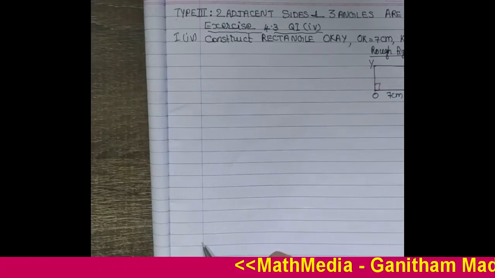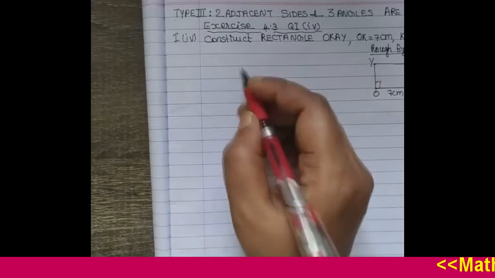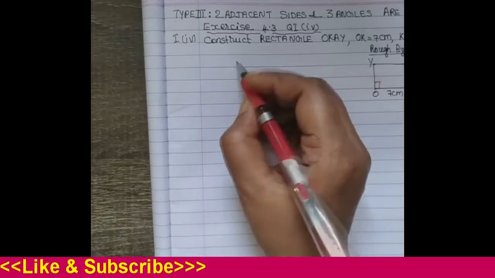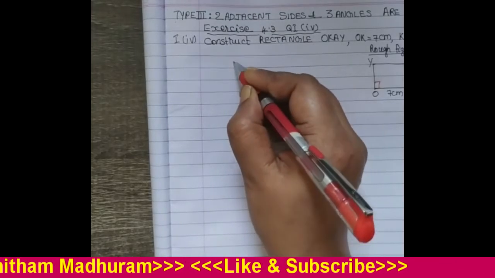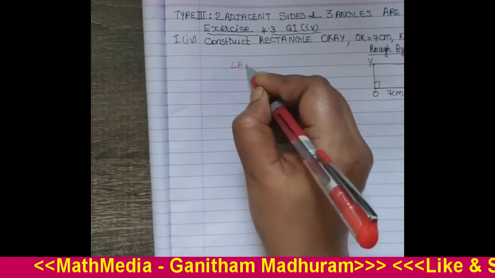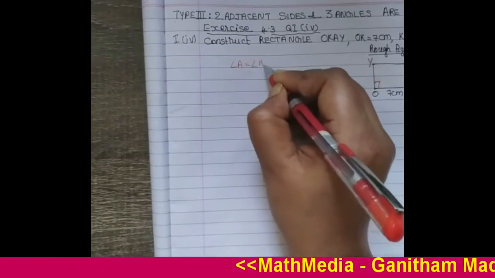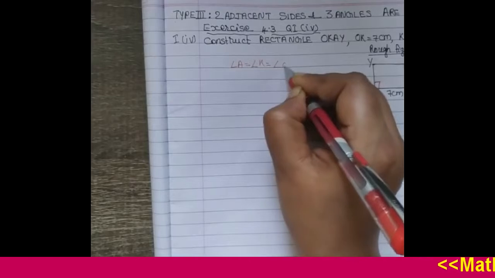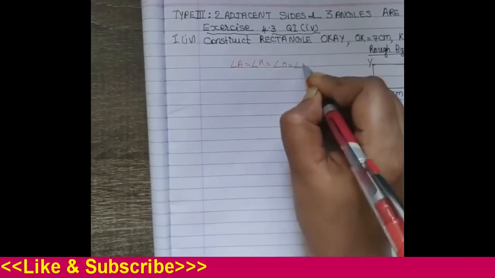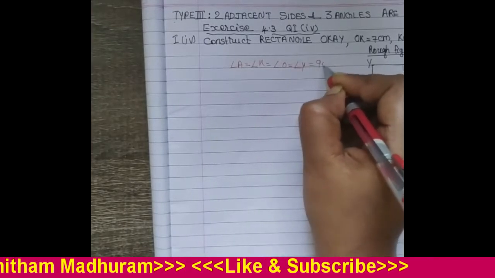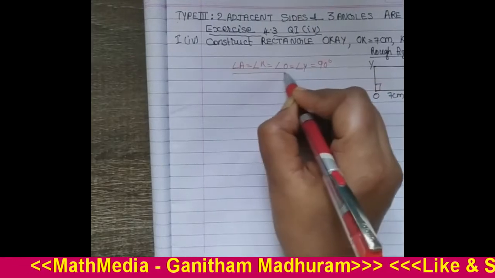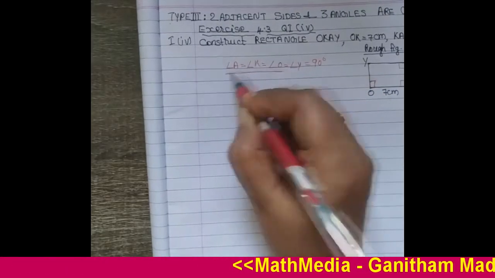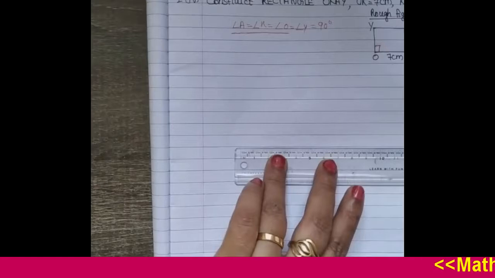Here we are using the properties of rectangle. So we have to write here angle A equal to angle K equal to angle O equal to angle Y equal to 90 degree, out of which these three angles we are using.